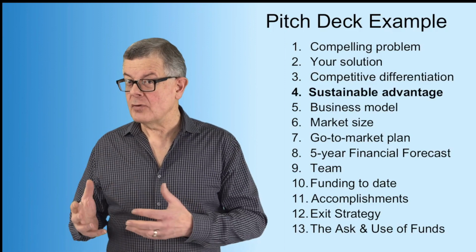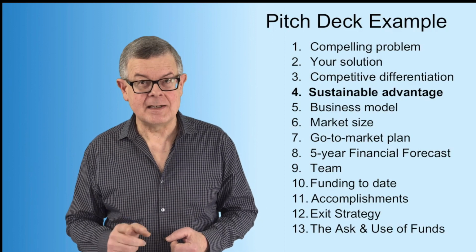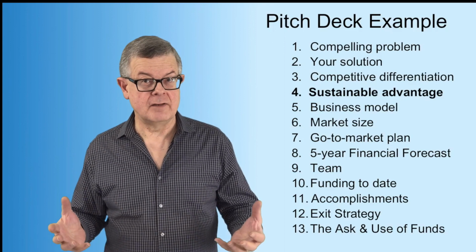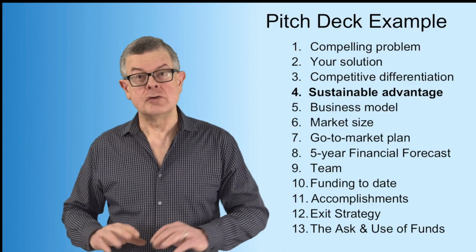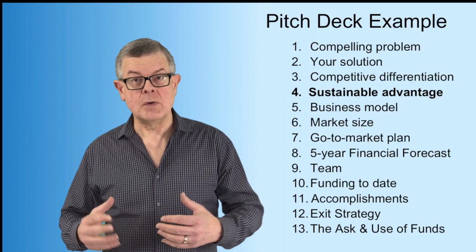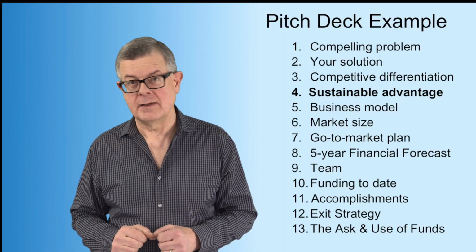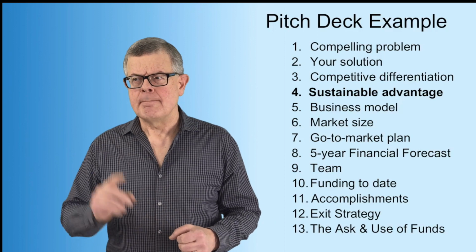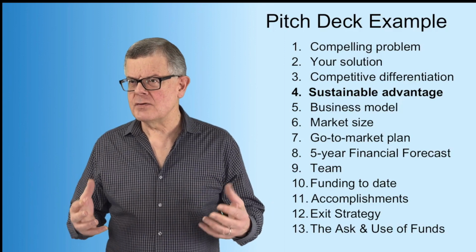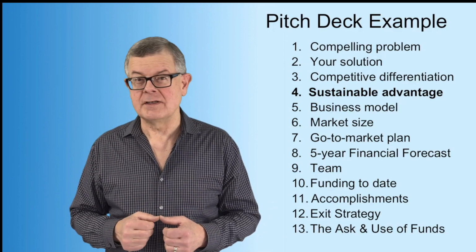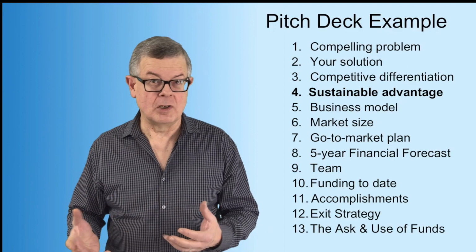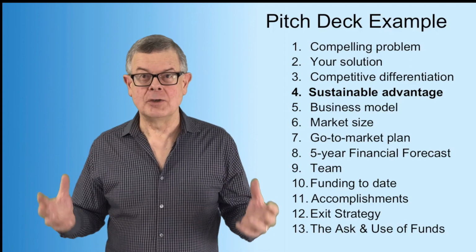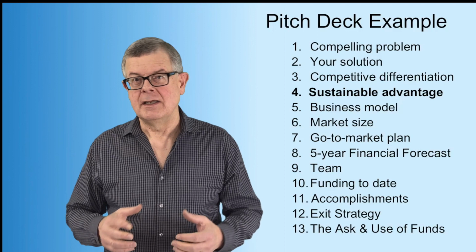Now, in topic number 3, you talked about your competitive differentiation, your competitive advantage. That usually comes down to product features, what makes you a better solution to the customer than the alternatives. But your product features are probably something that the competition can copy before very long, unless you have ironclad patent protection.